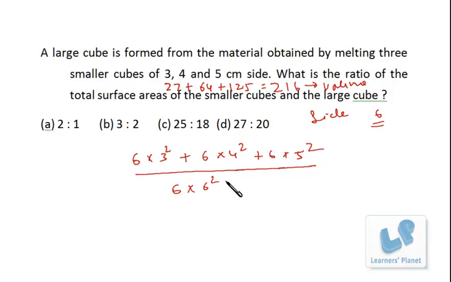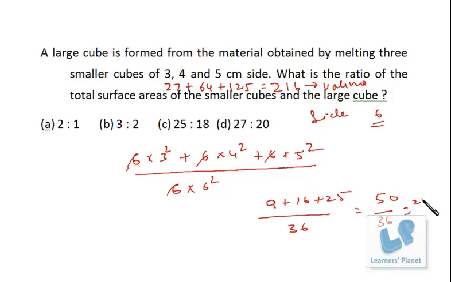So 6 into 6 square, right? We can take 6 as common and cancel it from the numerator and denominator. Now it is 9 plus 16 plus 25 by 36, right? So it's 50 by 36, or you can say 25 by 18. Clear?